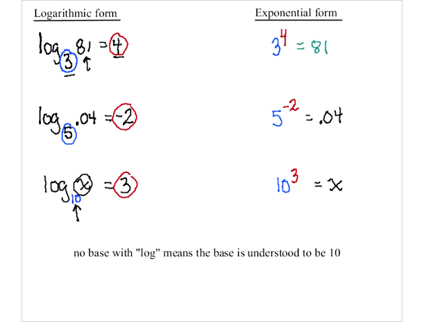everything. There's the base, the exponent, and then the third number, what it equals. Okay? All right? Now let's try 1 or 2 more. Let's do ln of x squared equals -2, for example. Okay?